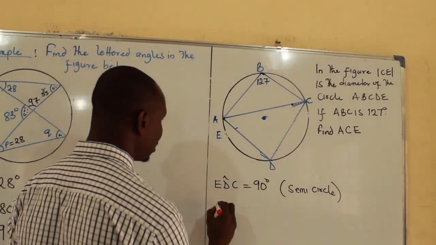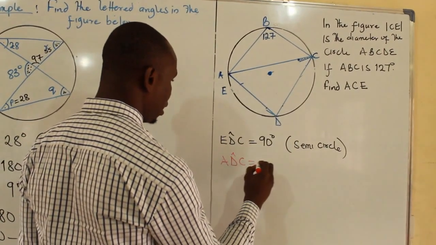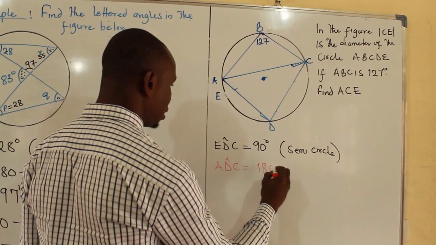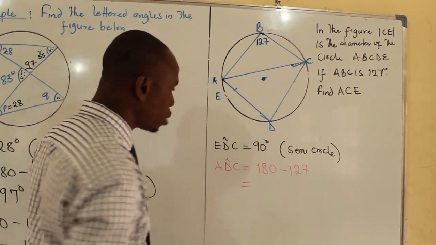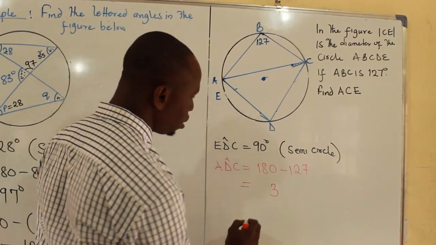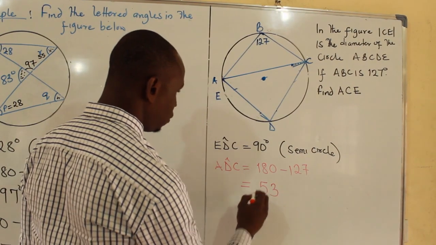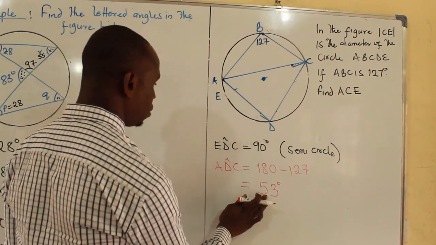So we write that ADC is 180 minus 127. And if you subtract 127 from 180, you will get 53. So the angle here is 53 degrees.